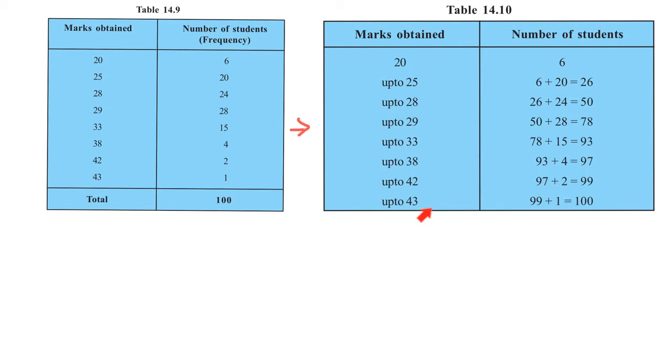Up to 43, it's going to be 99 plus 1. So the total number of students remains the same. From this table, we moved on to this table. Now we add another column depicting this information to the frequency table above and name it the cumulative frequency column. So let's do that.